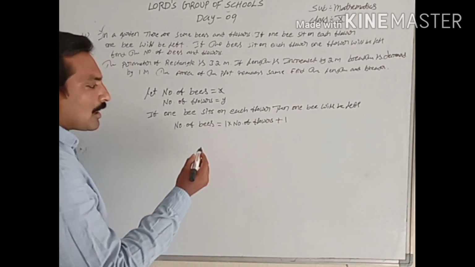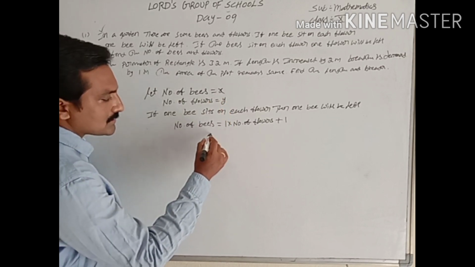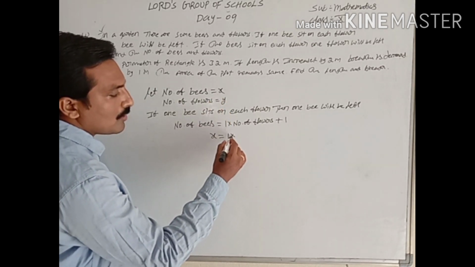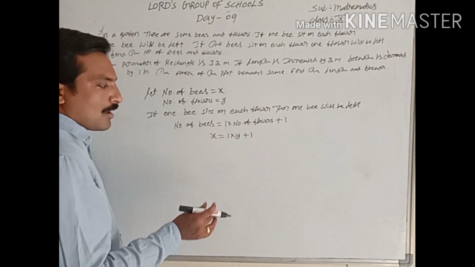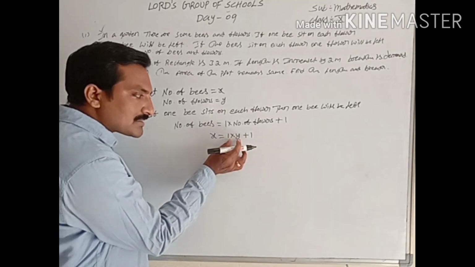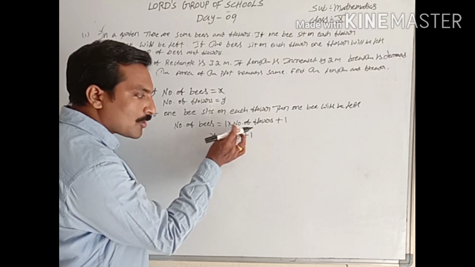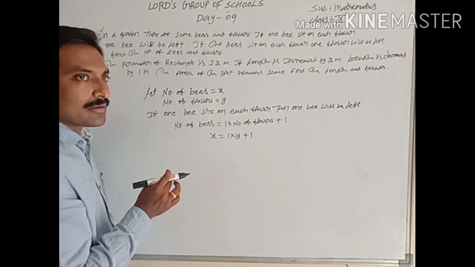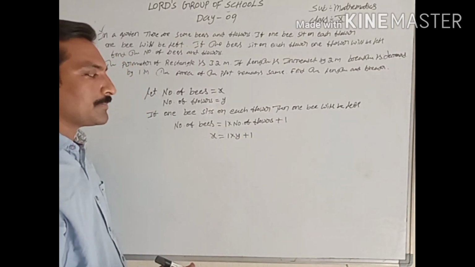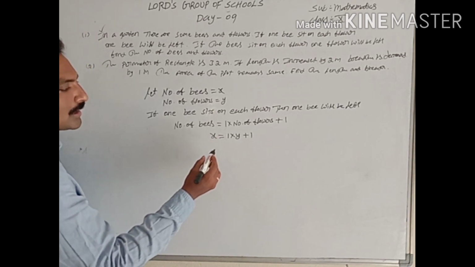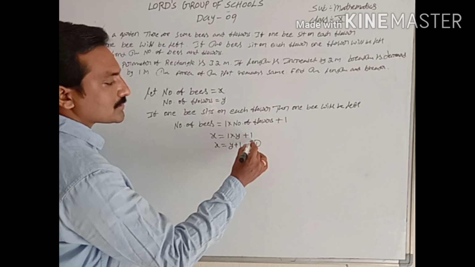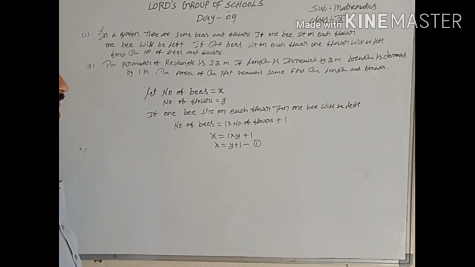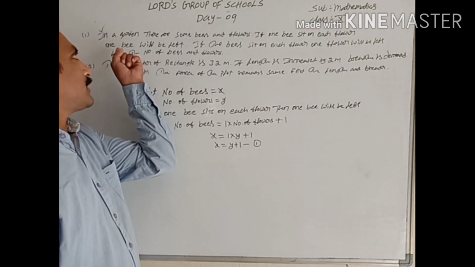Now the number of bees is x, 1 into number of flowers is y, plus 1. Means on each flower one bee is sitting, at that time one bee will be left. This total gives the number of bees only. Now, x is equal to y plus 1. Equation 1.